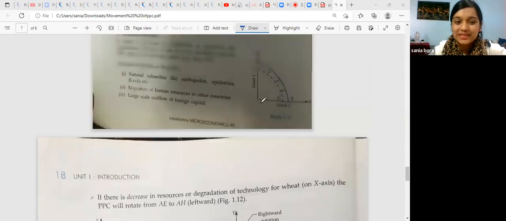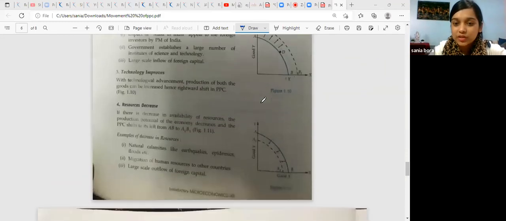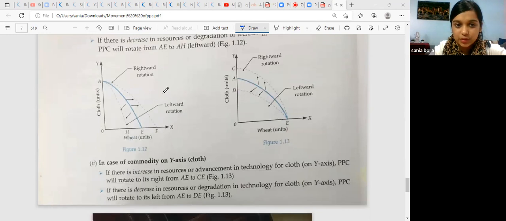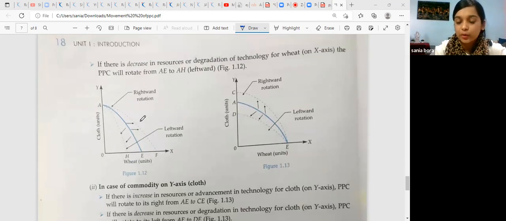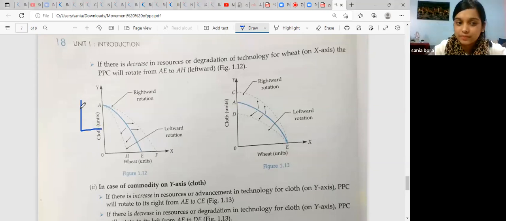Okay. So basically, now coming to rotation. What is rotation basically? Just a minute, I'll show it now. This is your rightward rotation, right? You can just draw the diagram. The upward one is your rightward rotation, and this one is your leftward rotation. See, you have two cases.